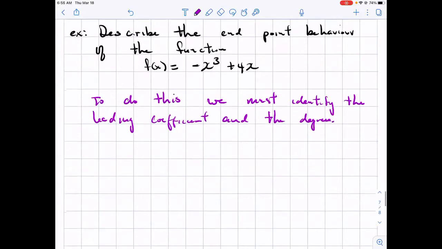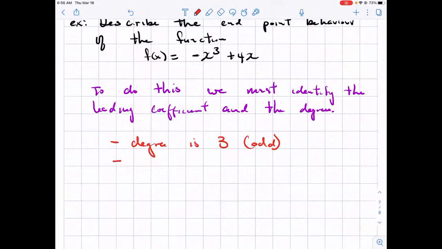Notice that the degree is 3, odd. Notice that the leading coefficient is negative.